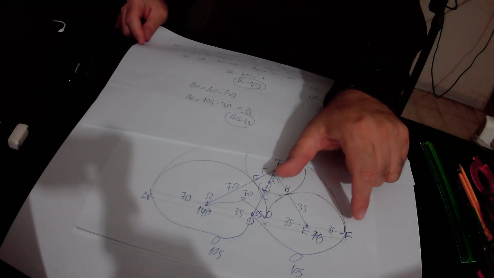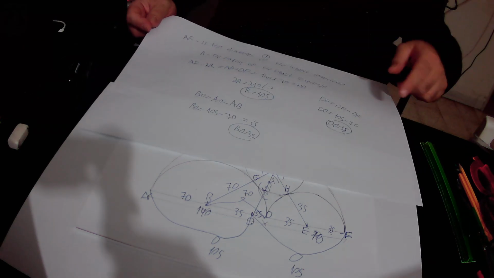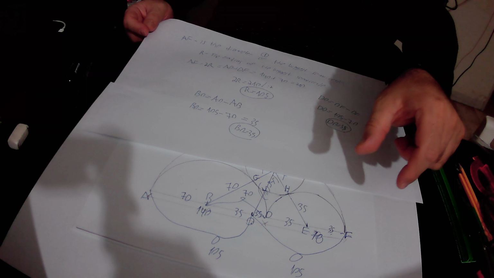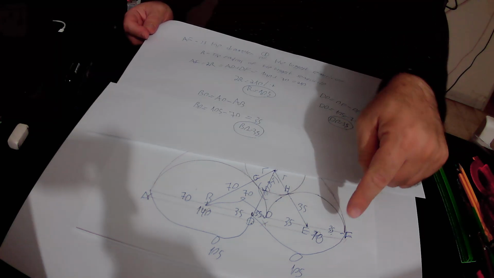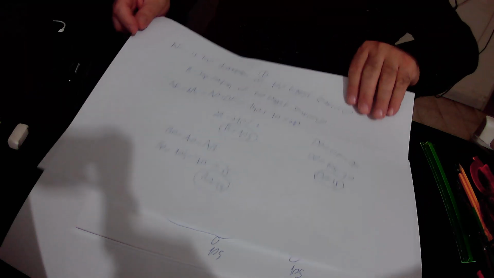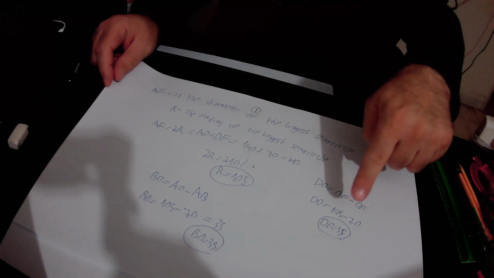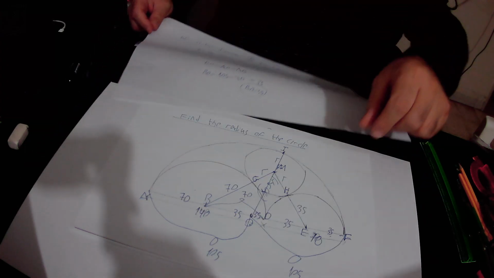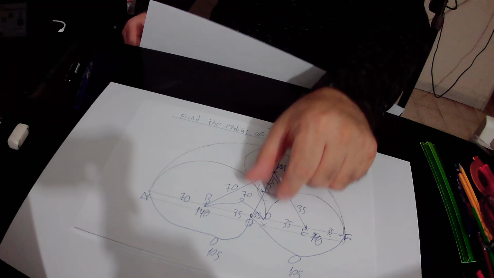OF is the radius of the biggest semicircle, that is 105 units. Here, DF is the diameter of this semicircle, that is equal to 70 units. Therefore, DO equals 105 minus 70, that is 35 units. Line segment DO equals 35 units.